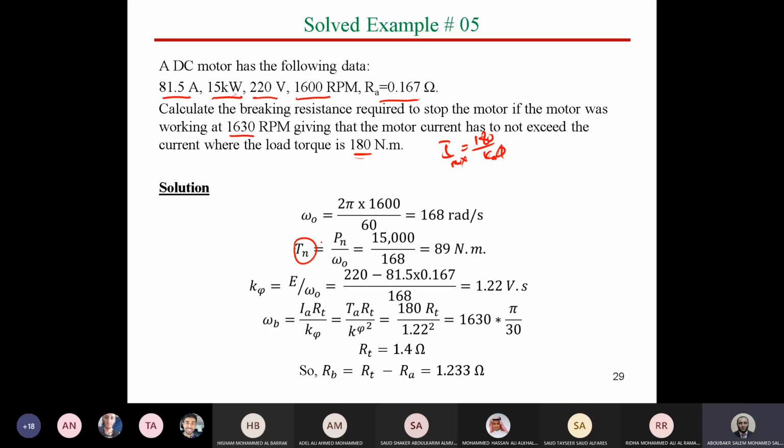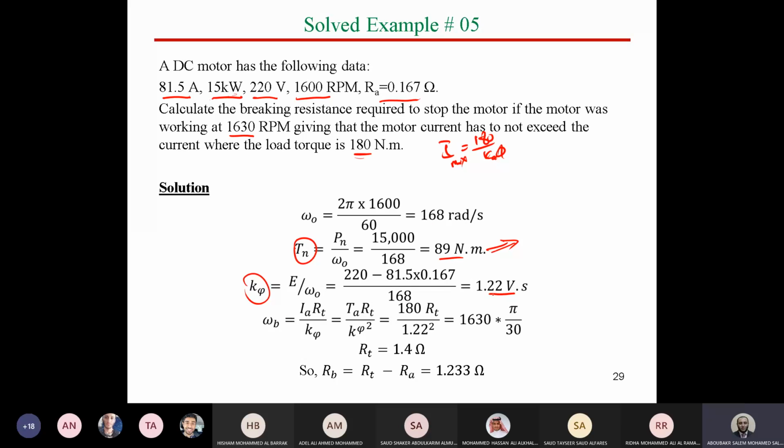Torque is not needed, this is extra, you don't need to calculate it, or maybe it existed in the problem before. Now you can obtain K phi as E over omega, which is 220, this is the volt, minus 81.5, this is the current, multiplied by RA, over the value of omega, which is obtained here. So this is now representing K phi.